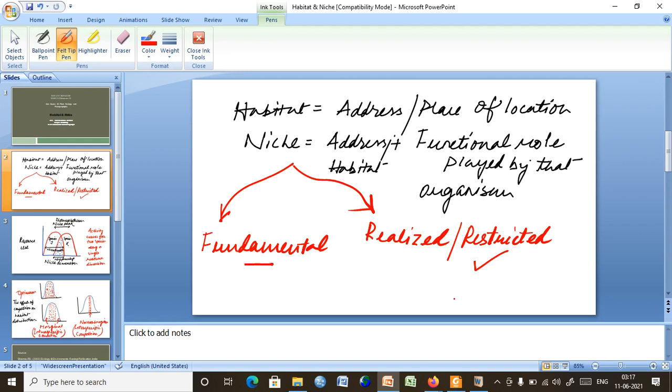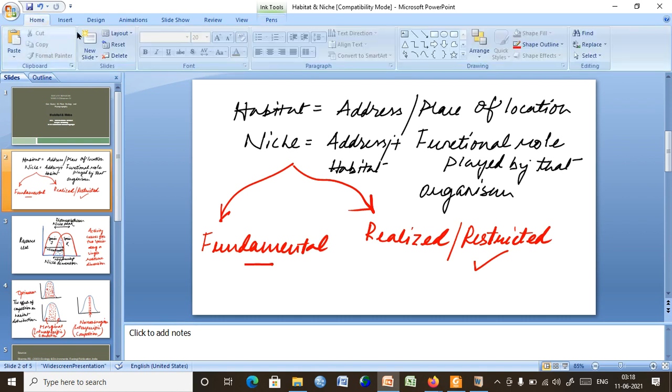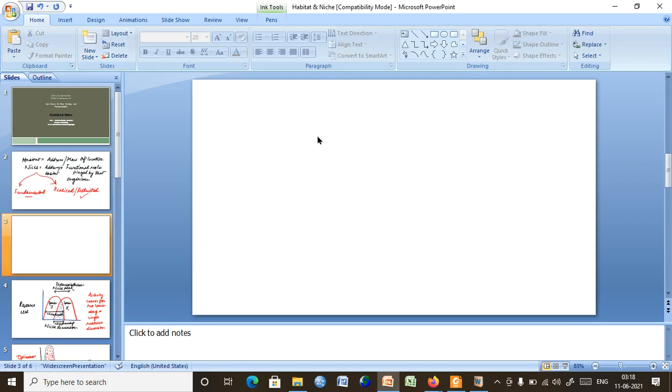And whenever they overlap or approach each other, due to severe competition and other interaction, it may result in divergence. So this condition I'll show you in the next image.